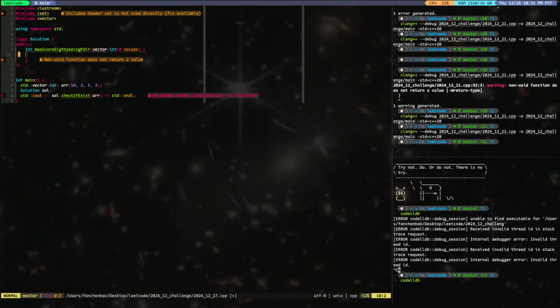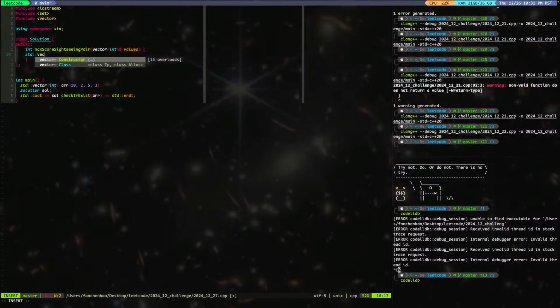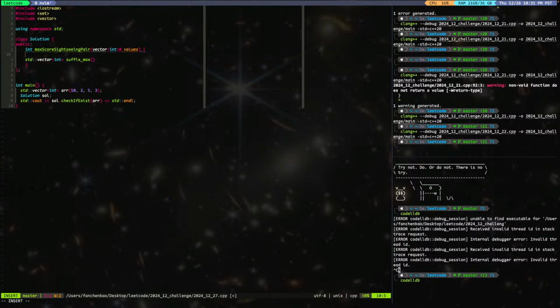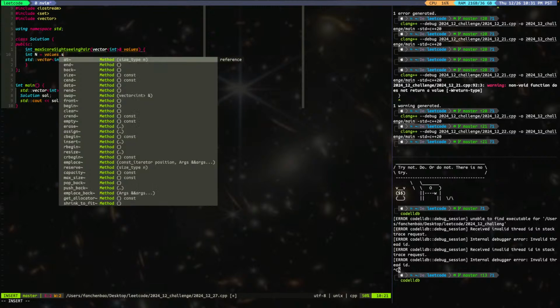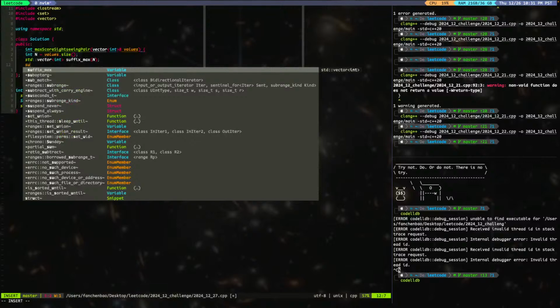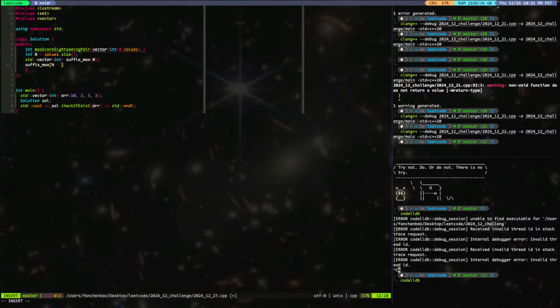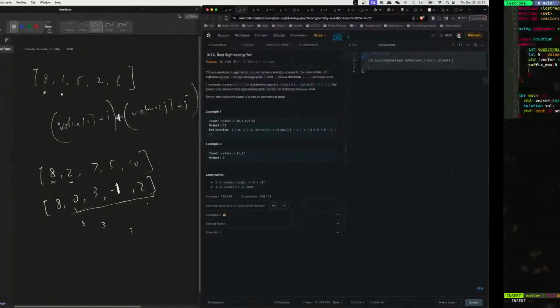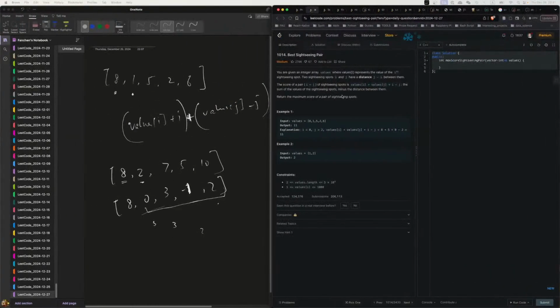Alright, so what we now need to do first is get the suffix max. And it has to be different, okay?